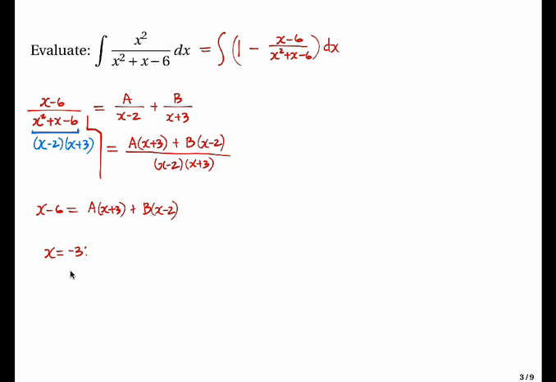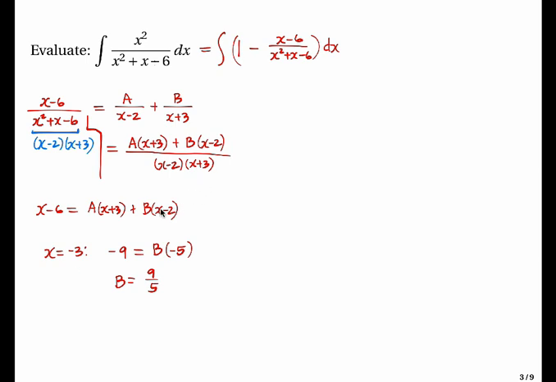So when x = -3, the left-hand side equals -9, while the right-hand side equals B times (-3 - 2), that's -5. And so B = 9/5.